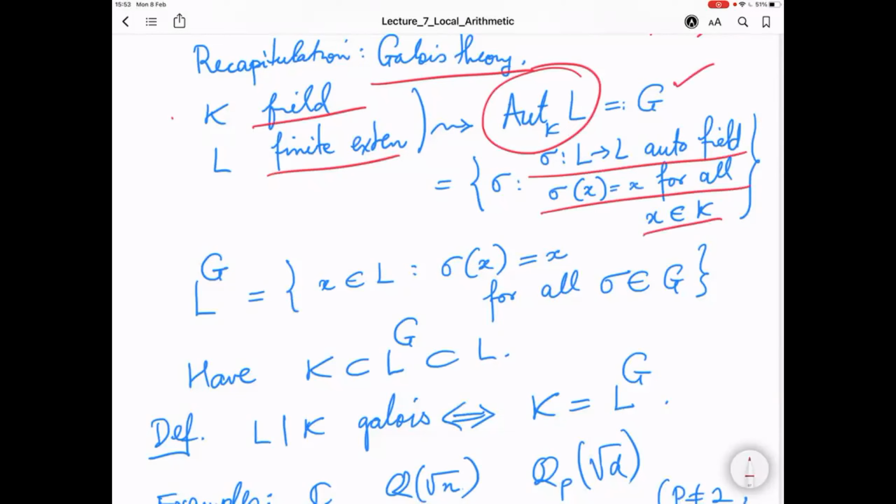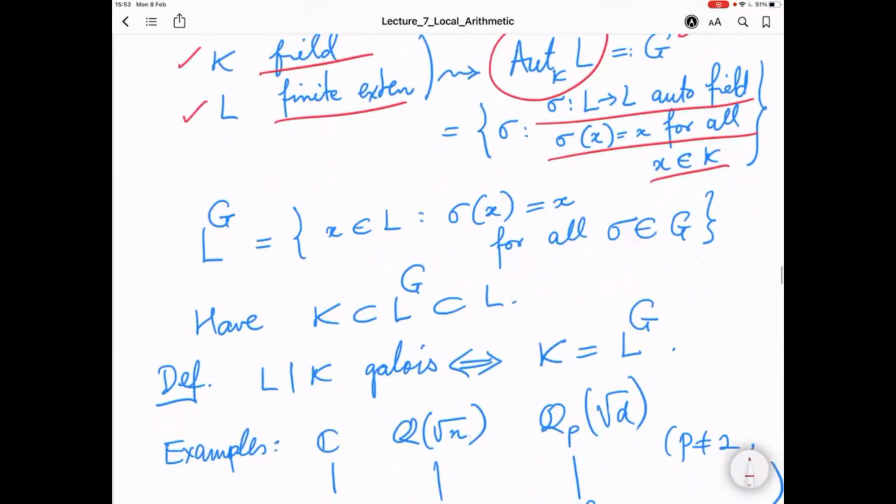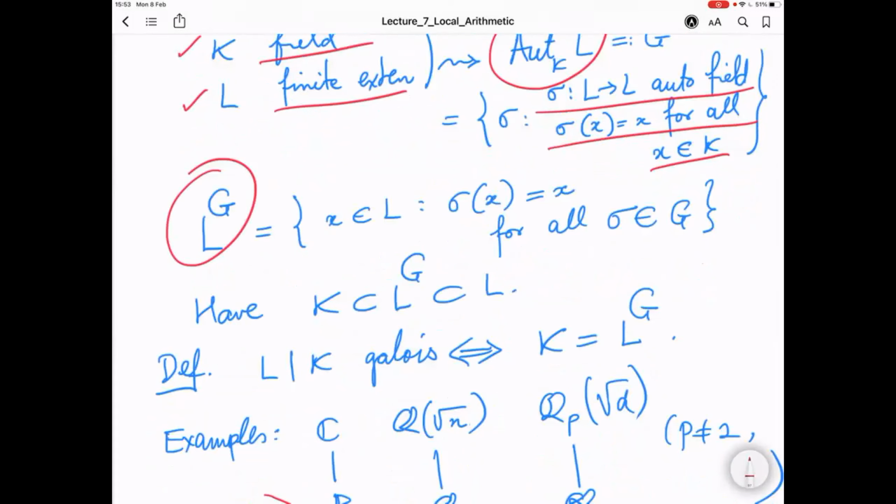So given a field K and a finite extension L, you have the group G, and you have the subfield of fixed points. It consists of all X in L such that sigma X is equal to X for all sigma in G. Of course, K is contained in this set of fixed points because this is what we had required in the definition itself.